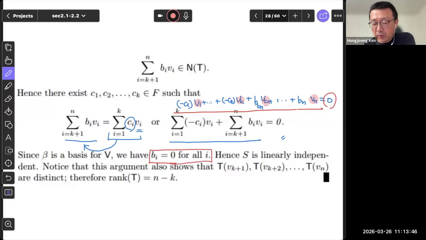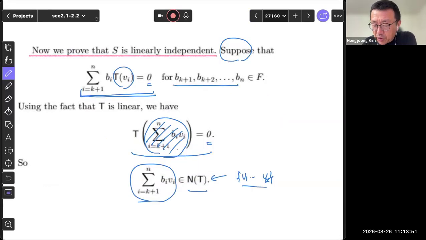So, what did I obtain? I assumed that some linear combination of these T of vi is 0. Then what was the conclusion? The bi's are just zeros.